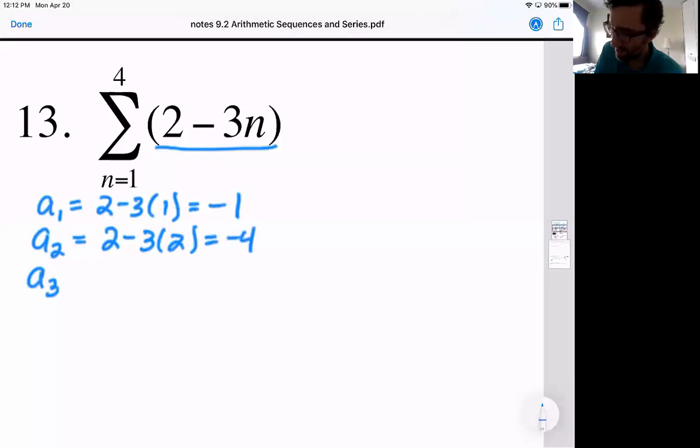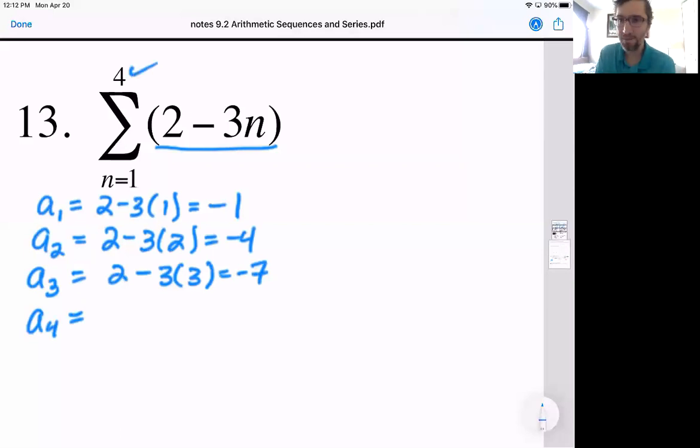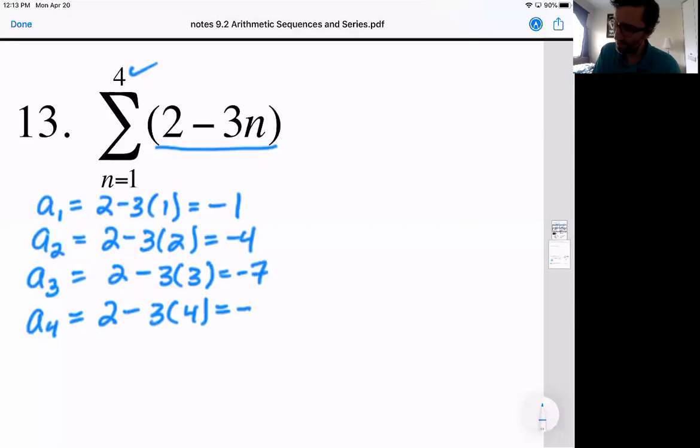And the third term would be 2 minus 3 times 3, and that's negative 7. And then the fourth term, and this is the last term, because the upper bound, the highest number, is 4. So the last term would be 2 minus 3 times 4. 2 minus 12 is negative 10.